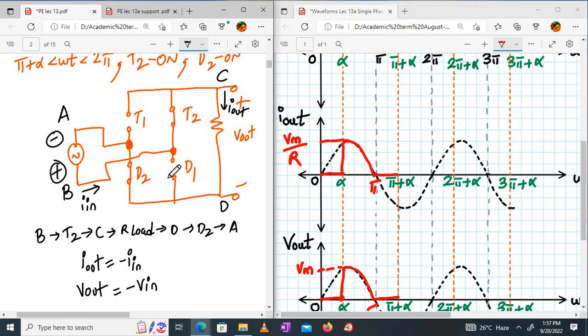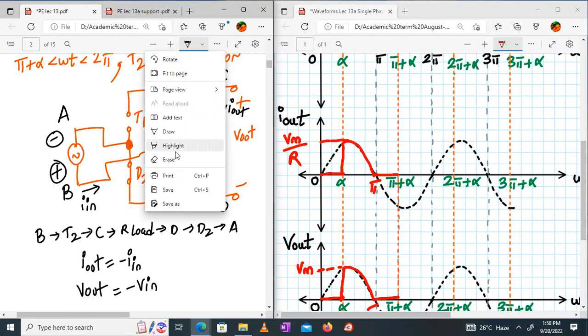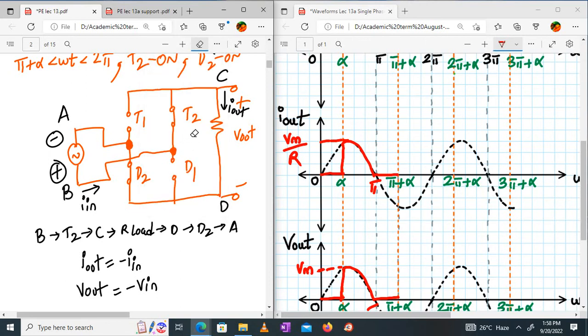Look here. This is positive polarity coming over here and this is negative polarity coming over here, right? So actually the input is going through the negative half cycle, but the polarity of the output is positive.